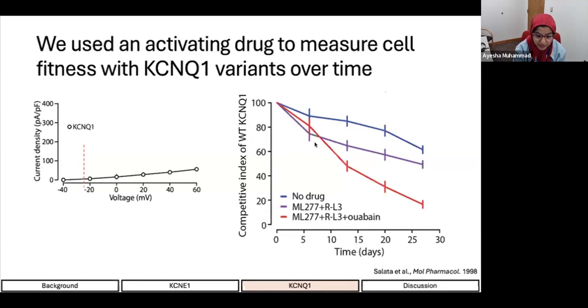In the presence of activating drugs, we had a greater decrease in the proportion of wild-type-like cells. However, when we added ouabain, which affects the homeostasis of potassium in HEK cells, we were able to see greater selection for functional KCNQ1 channels.